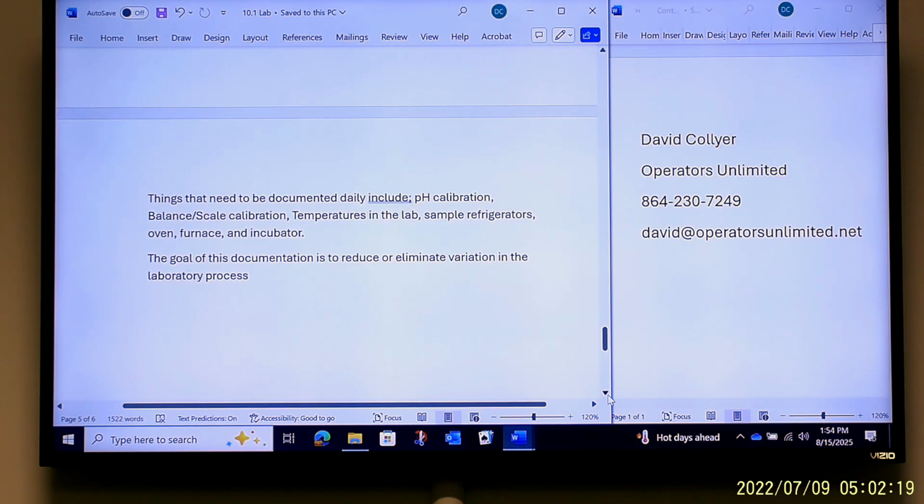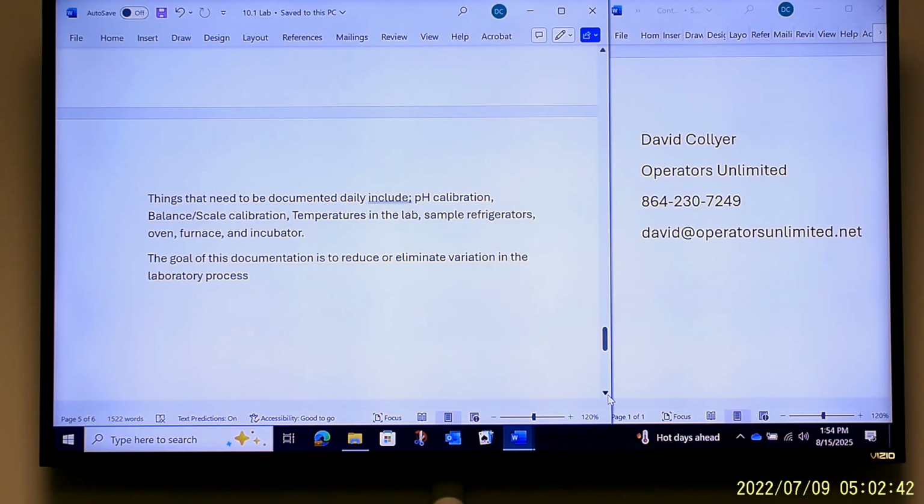Things that need to be documented daily include pH calibration, balance scale calibration, temperature in the lab, the sample refrigerators, the oven, the furnace, and the incubator. There is much more documentation besides these, but this is what I've brought up.